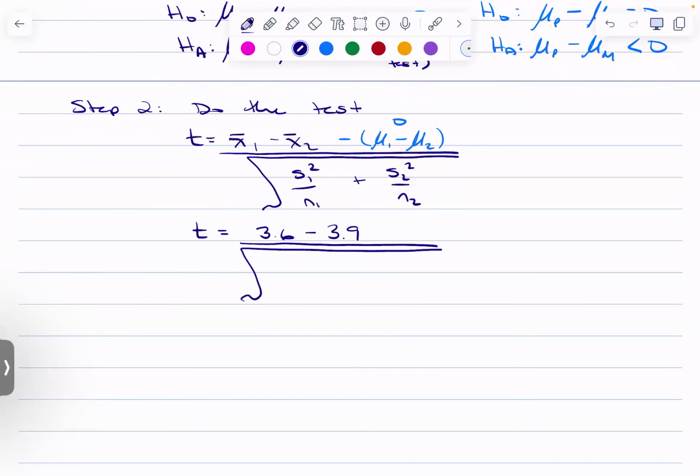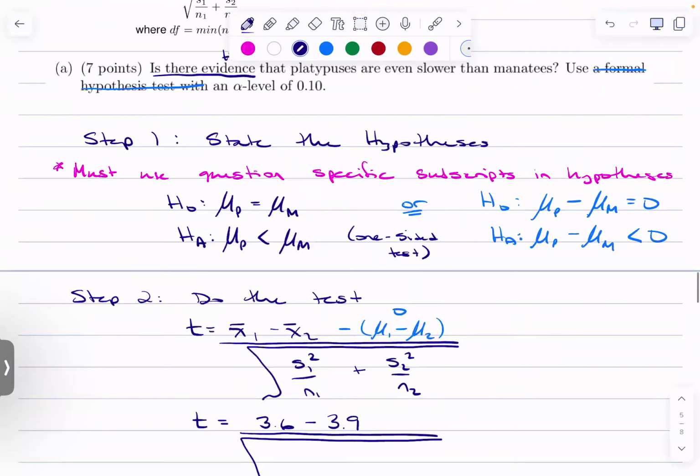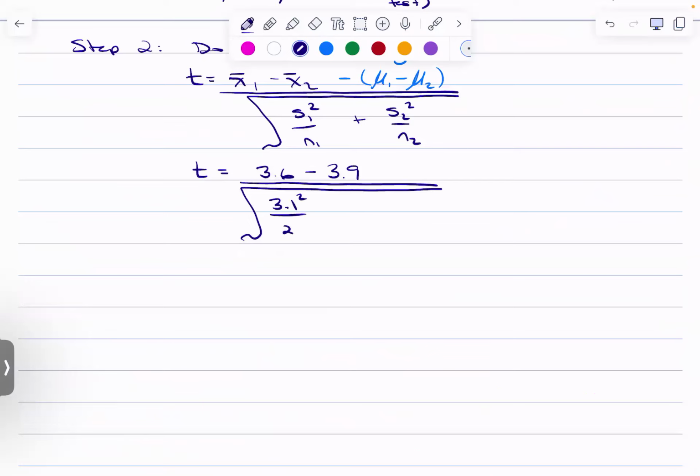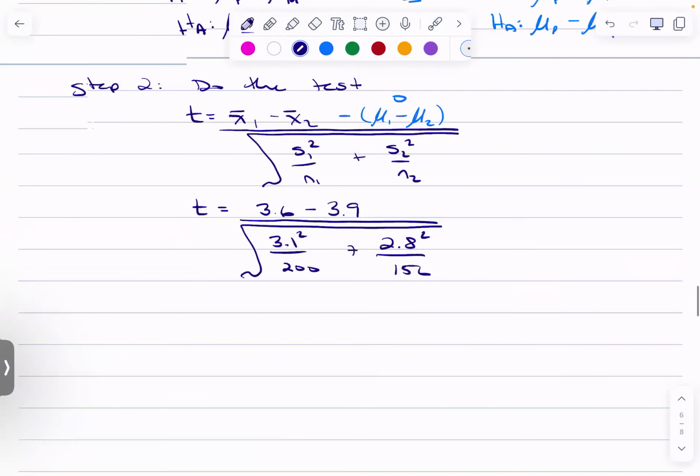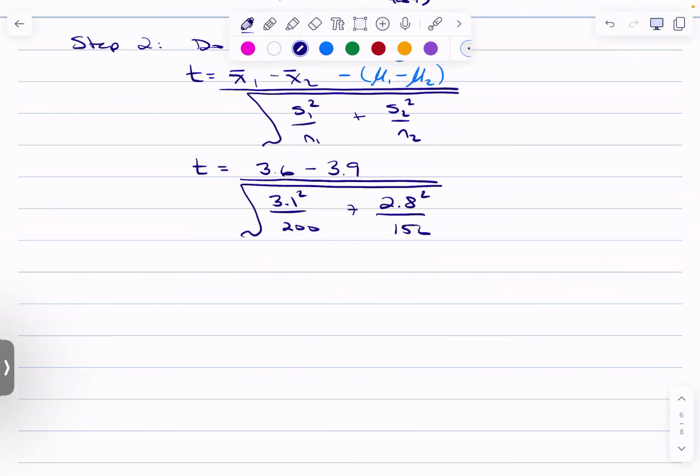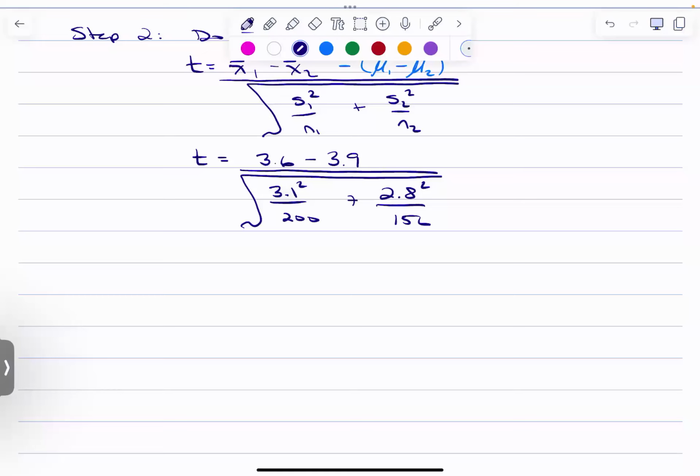3.6 minus 3.9 divided by the square root of 3.1 squared divided by 200, plus 2.8 squared divided by 156, I think it is. Okay. Now you don't have to show your work here, but you do have to do it nice and slowly. So I'm just going to do 3.1 squared divided by 200, and store that.